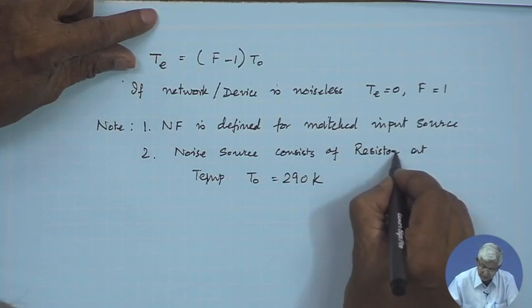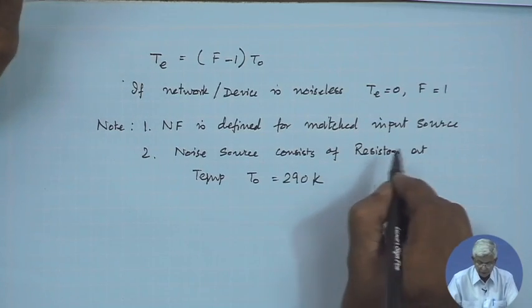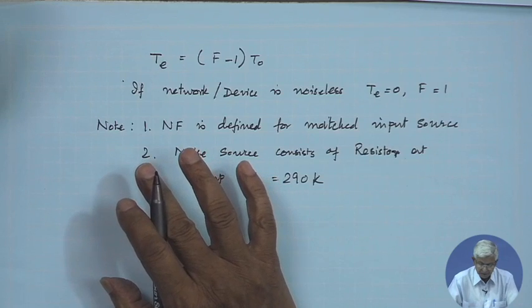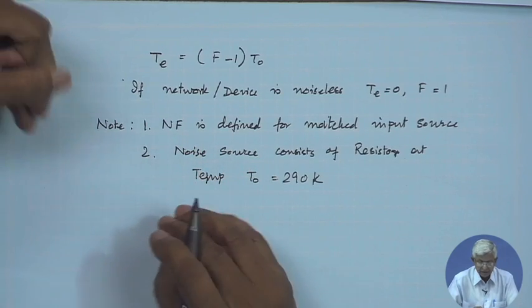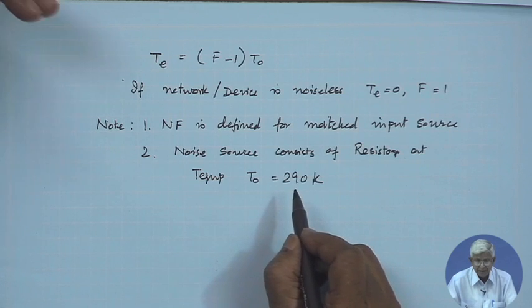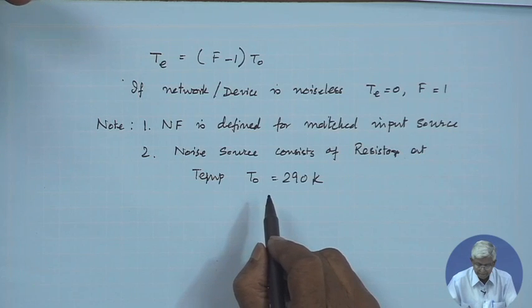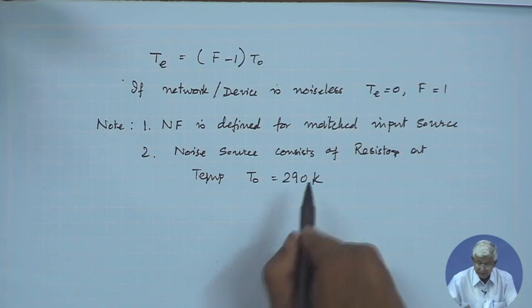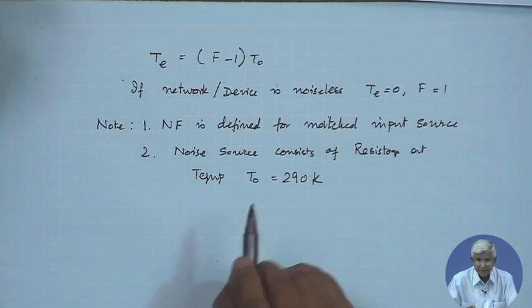It is as if it is equivalent to a matched source with a resistance with a temperature of 290. If there is a different noise temperature coming in, then it is to be calculated with that. We have to remember this.